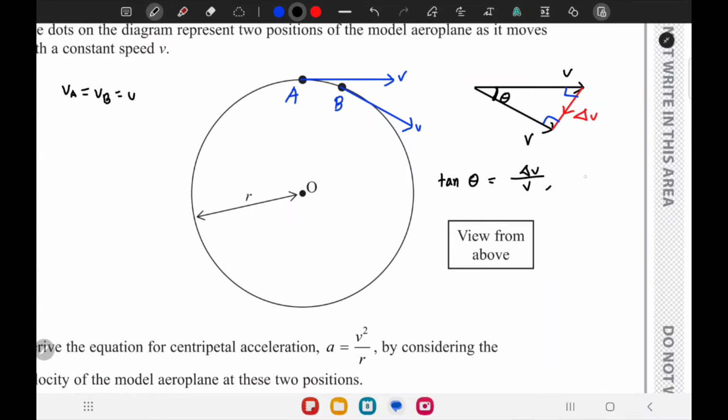Now, since theta is very small, we can also write that sine theta is approximately equal to tan theta, and both of them are approximately equal to theta. So we can write that theta equals the change in velocity by the velocity.